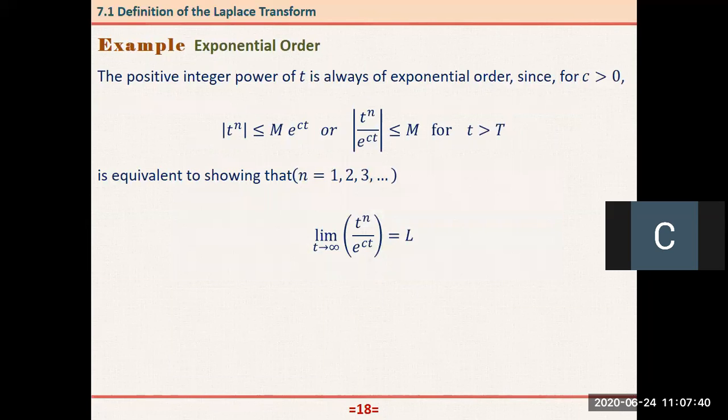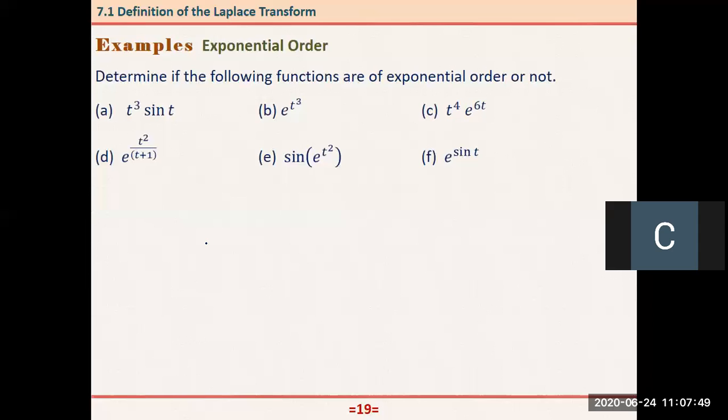Some examples of functions that are not of exponential order. Determine if the following functions are of exponential order or not. Here we have t cubed times sine of t, e to the power t cubed, t to the power 4, e to the power 6t, and t squared.